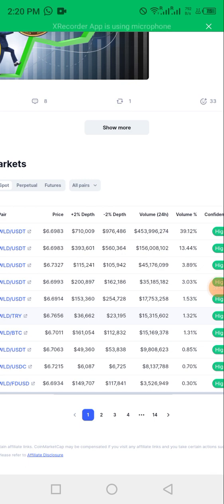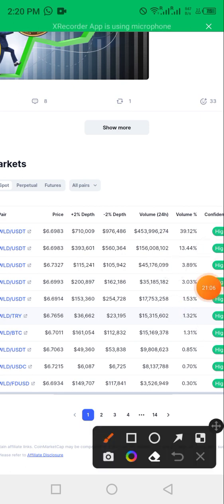But assuming this -2% depth is higher than the +2% depth, it tells us that within a short time, we can make a 2% higher volume liquidity profit when we carry out a Wild USDT trade on Bybit.